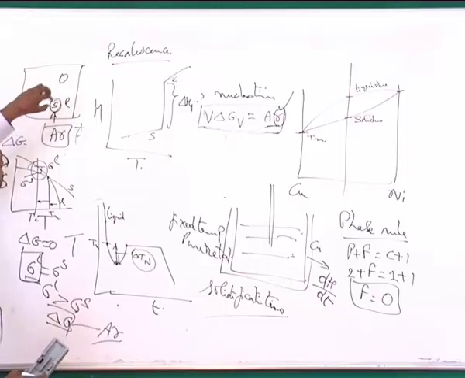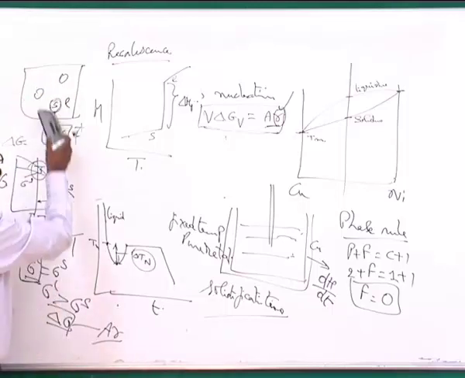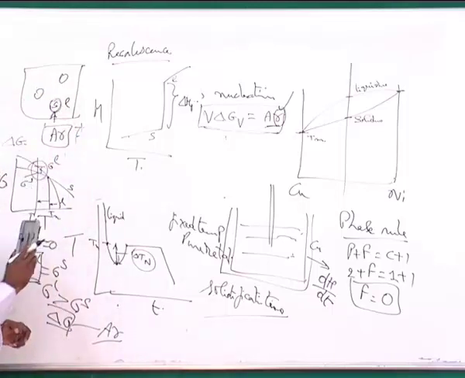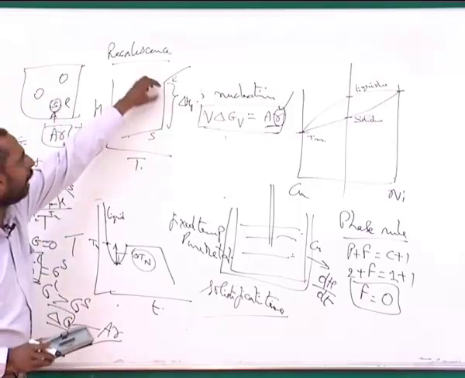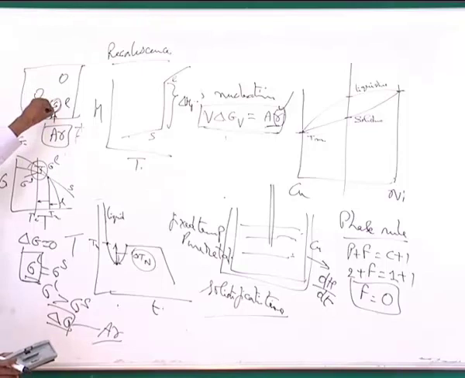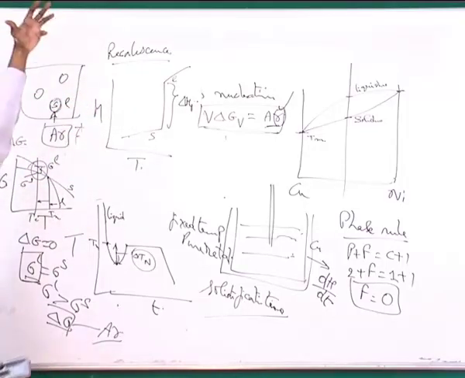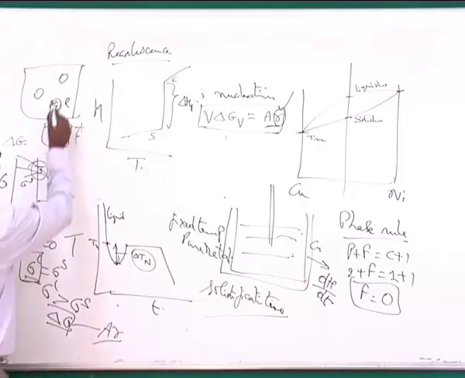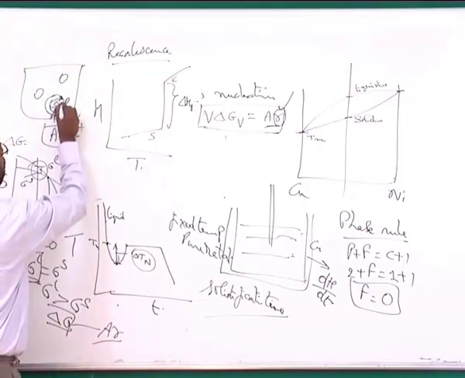So when a liquid is getting converted to a solid, this particular volume, which is now a solid, cannot contain all the enthalpy that is there in the liquid. The solid can contain only a little bit of that enthalpy, so the balance of the enthalpy is thrown out. Where is it thrown out? It is thrown out into the liquid.